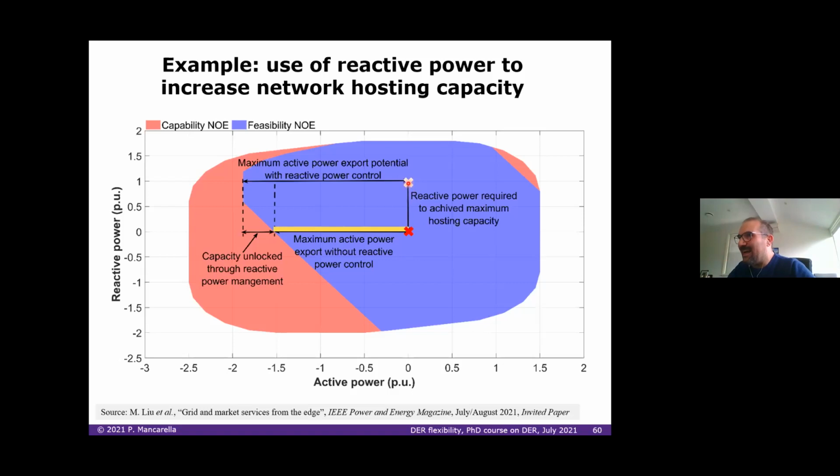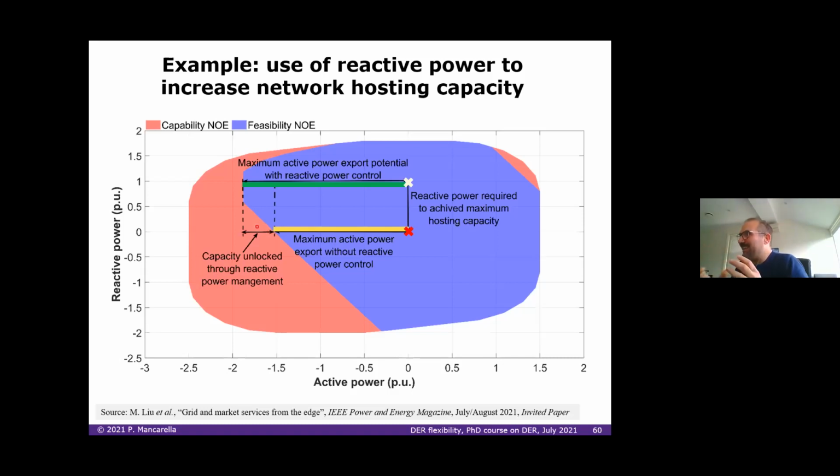As you can see, I can now move from this point to this point. In terms of active power, I'm now moving from 0 to almost 2, whereas before I was only moving to 1.5. So all this part that I am adding here is active power hosting capacity that I am unlocking through reactive power control.